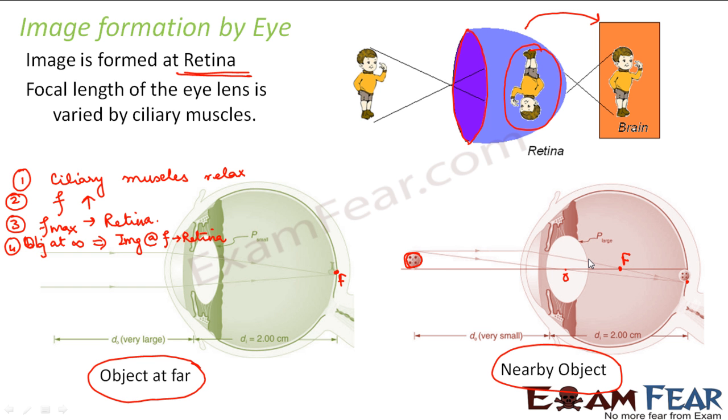So the ciliary muscles are not good enough to contract and expand as and when needed, and as a result, the change in focal length is also not very smooth. Therefore, sometimes they complain that they are not able to view distant objects clearly, or sometimes they say that they are not able to see near objects clearly. So what I mean to say is that if your eye is functioning correctly, the image will always be formed on the retina.